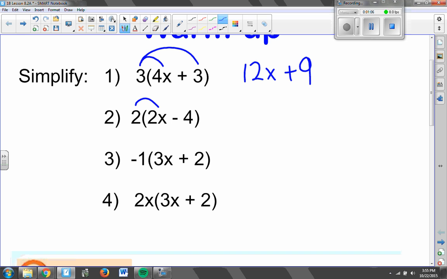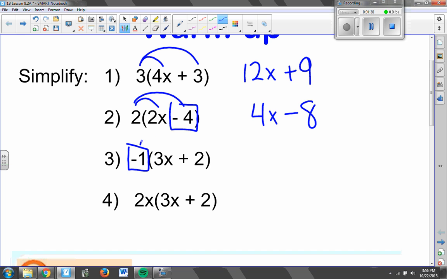Number 2 is very similar, except my second number has this minus sign attached to it. So I'm still going to do 2 times 2x, which gives me 4x. And then I'll do 2 times minus 4, which gives me a minus 8. 4x minus 8.